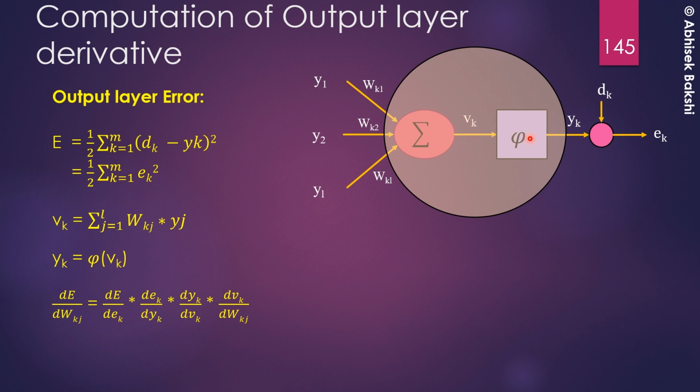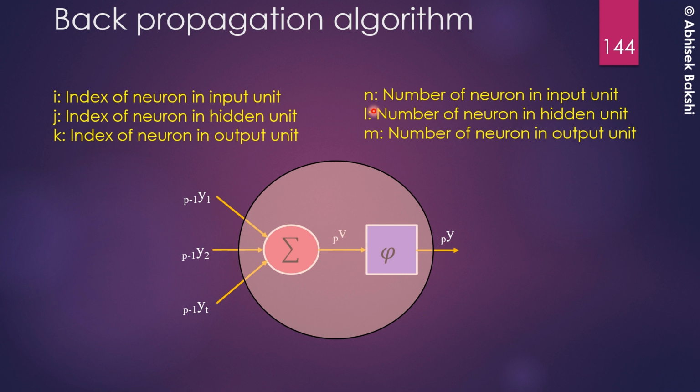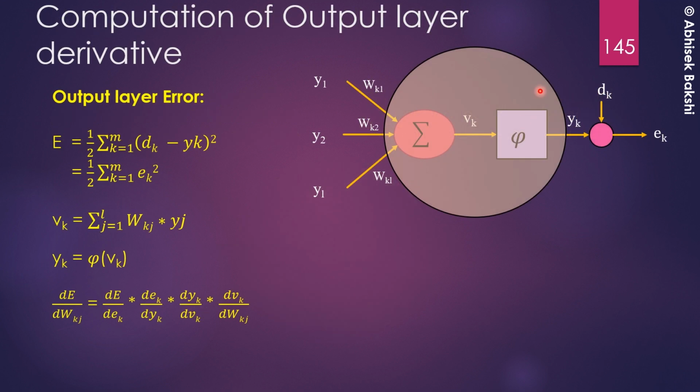So in this case particularly, I have taken just an assumption again that y1, y2 and yl are given. Again, go back. I've considered that L number of neurons are present in the hidden layer. So this is a neuron of an output layer, and that's why it is connected with L number of neurons, meaning it is getting the input from L number of neurons.